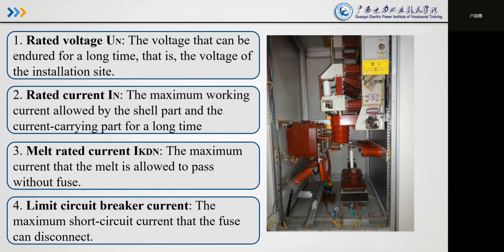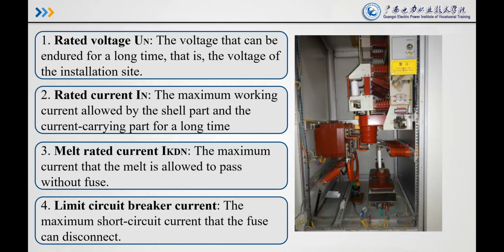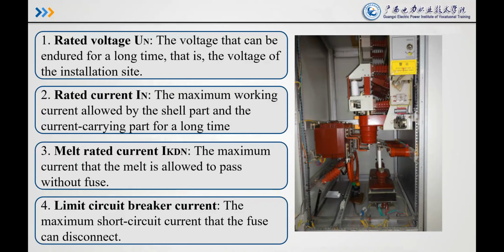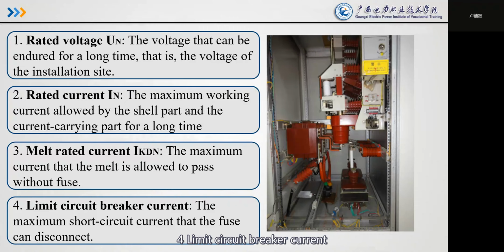Rated current: the maximum working current allowed by the shell part and the current-carrying part for a long time. 3. Melt rated current: the maximum current that a melt is allowed to pass without fusing. 4. Limit breaking current: the maximum short circuit current that the fuse can disconnect.